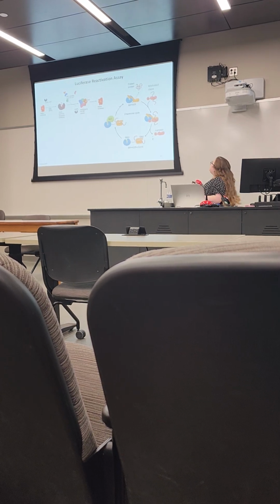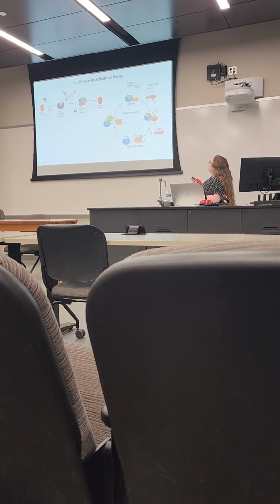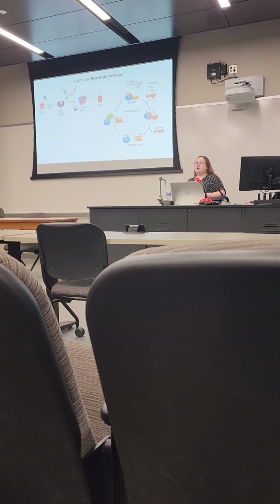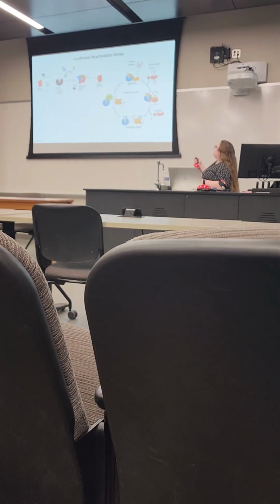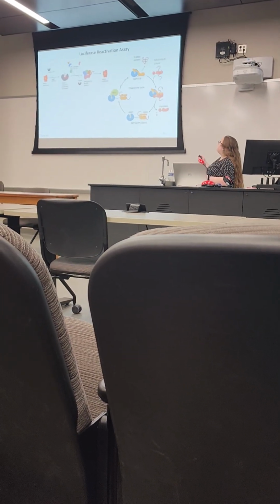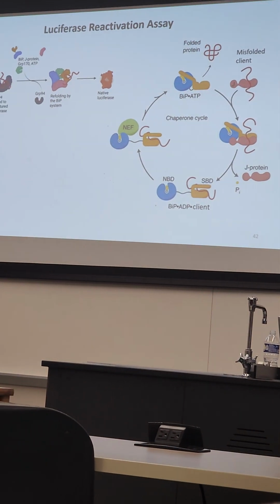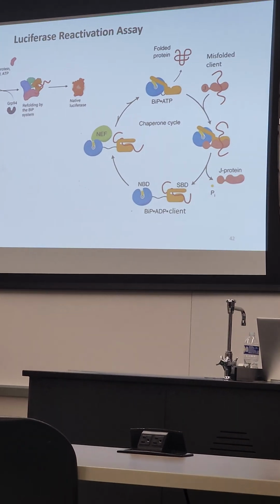Introducing more players. BiP, the HSP70 in the ER, in its open or ATP bound conformation has low affinity for clients. However, a J protein co-chaperone is going to deliver the misfolded client to BiP, and the direct interaction between the J protein co-chaperone and BiP is going to facilitate an ATP hydrolysis event.